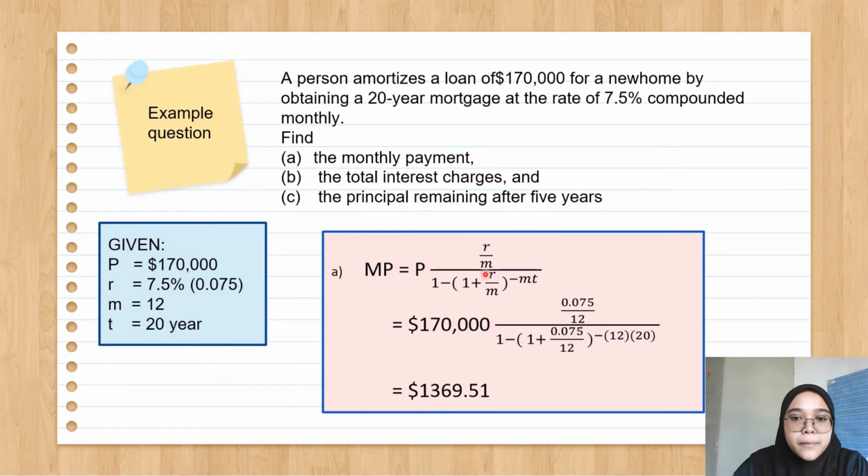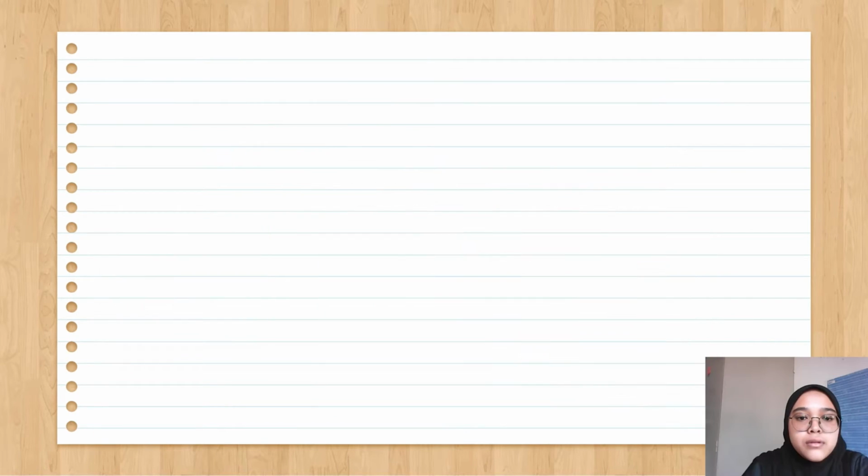The monthly payment we get is $1,369.51.